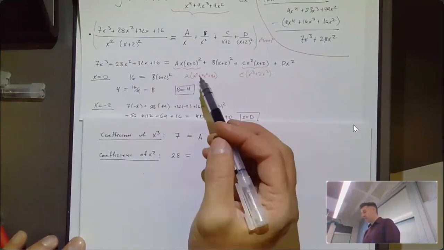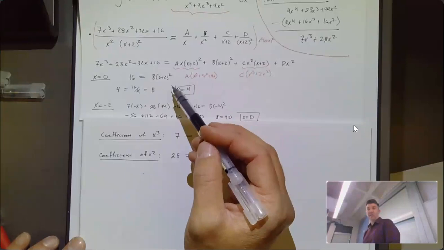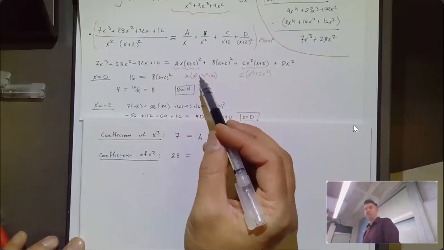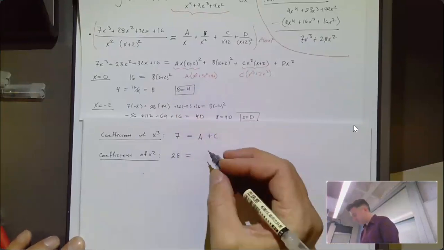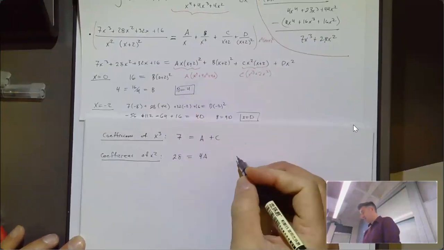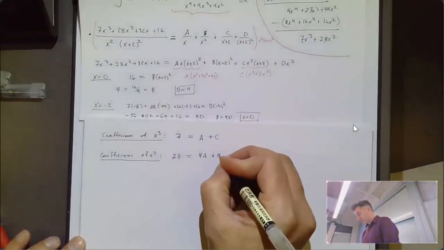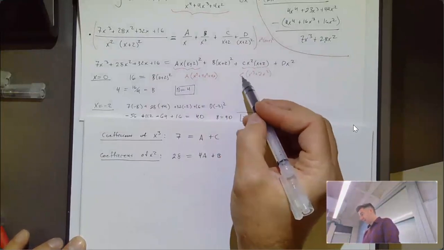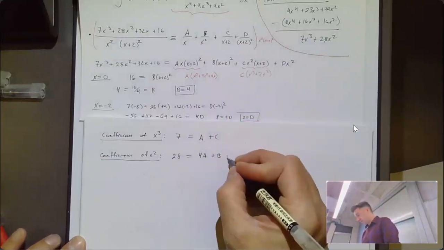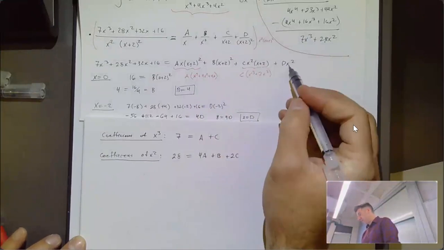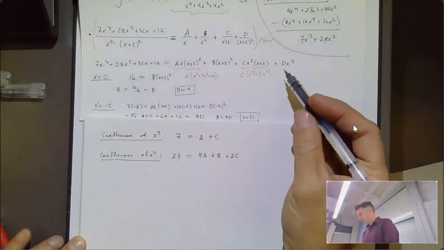People often miss the 4 there and just say they have an a times x squared, but there is a 4 times a times x squared. If I multiply out this one, I get b times x squared. This one gives c times 2 times x squared. And this one, there's nothing to multiply out, I get d times x squared.